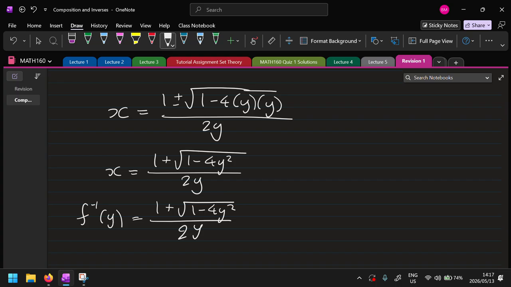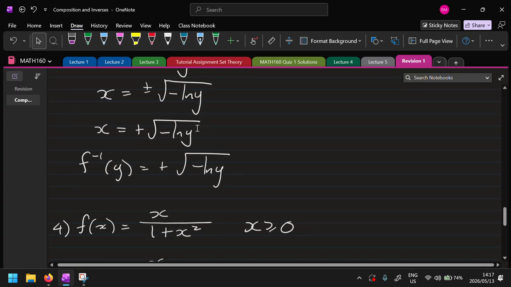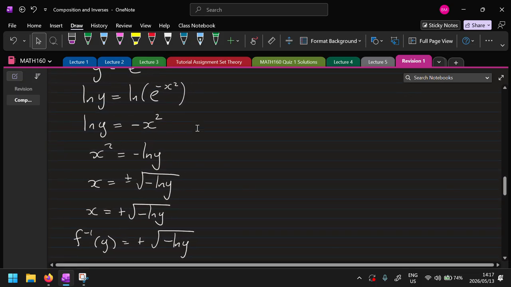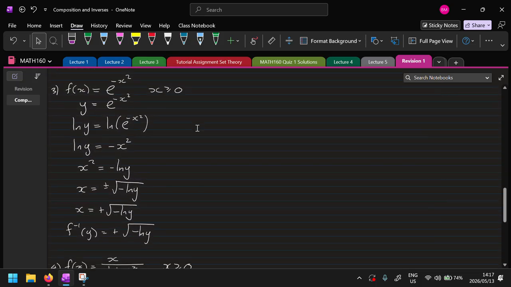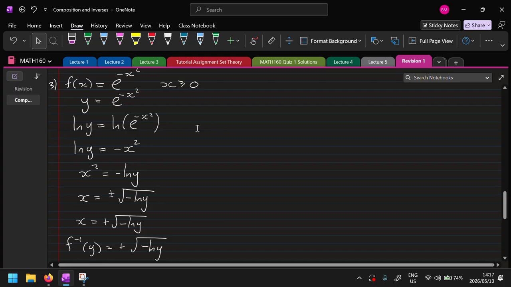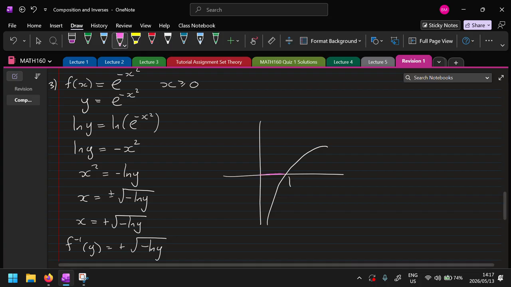Yeah. Can you go back to the third one? The third one. The one where I asked, are there any questions? Okay. Because if you find the domain of this thing, here's the domain, from 0 to 1. The natural log is negative.